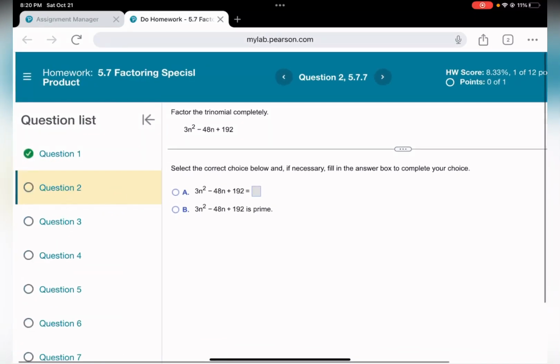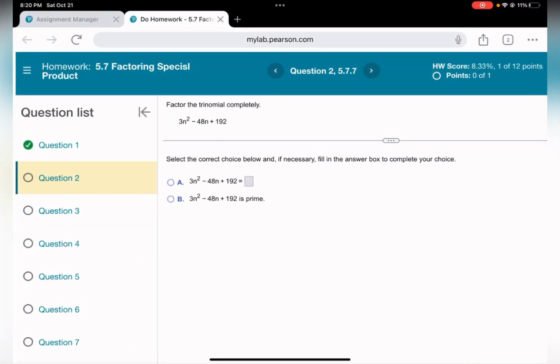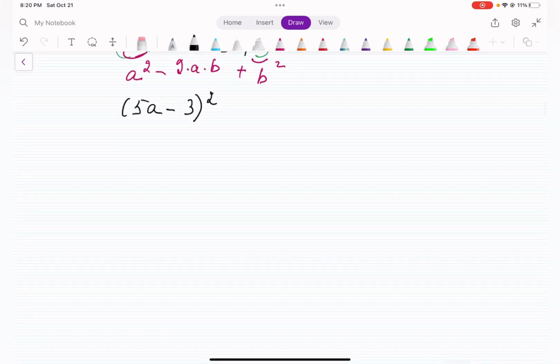3n squared minus 48n plus 192. Okay, so let me write down 3n squared minus 48n plus 192.